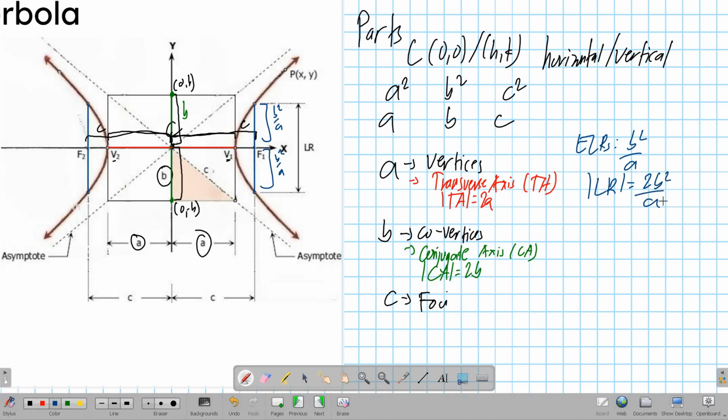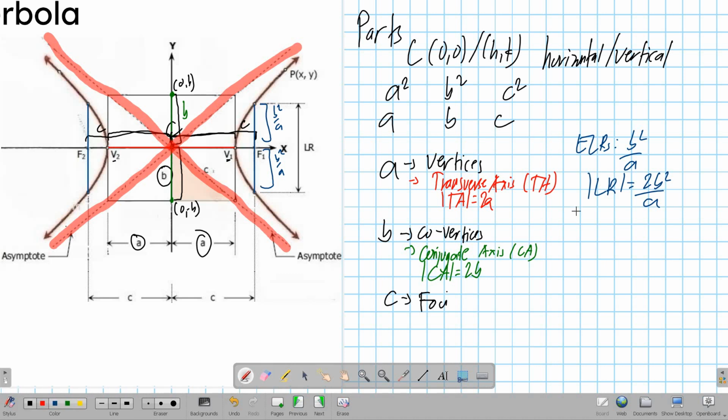What is new, however, in these parts would be these two lines here. I'm going to highlight them in red. This line here and this line here. Those two lines are the asymptotes of our hyperbola.